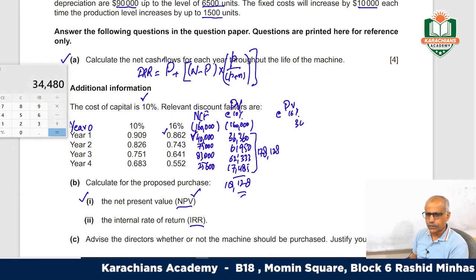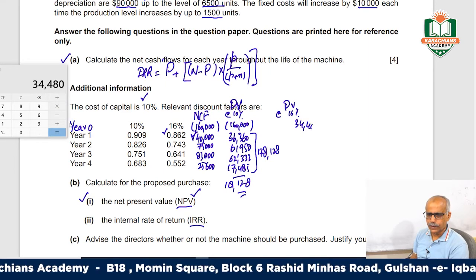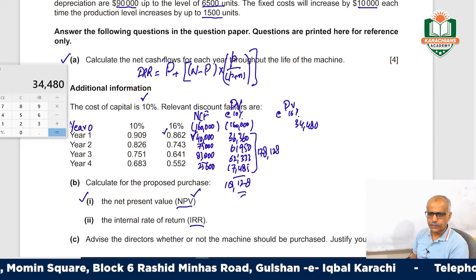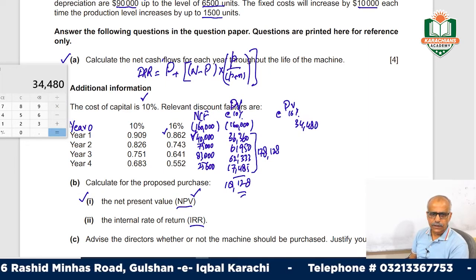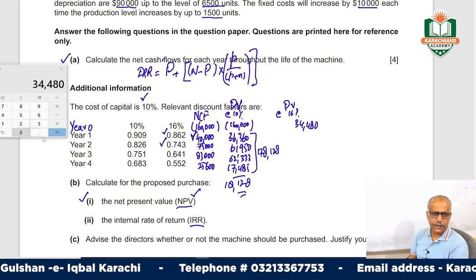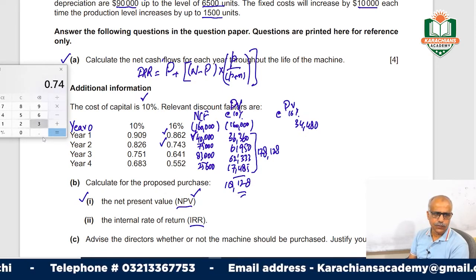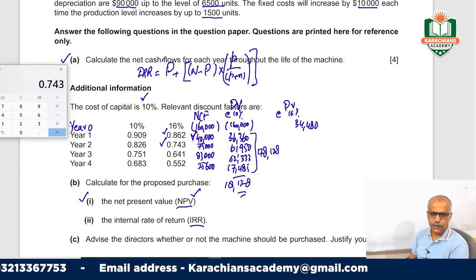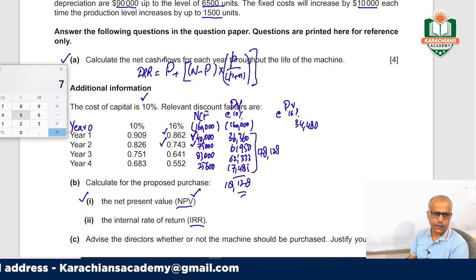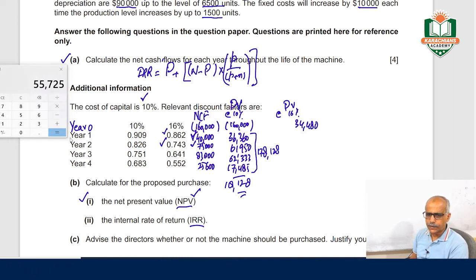This will be 34,480, right? Then this factor 0.743 multiplied by 75,000 will be 55,725.